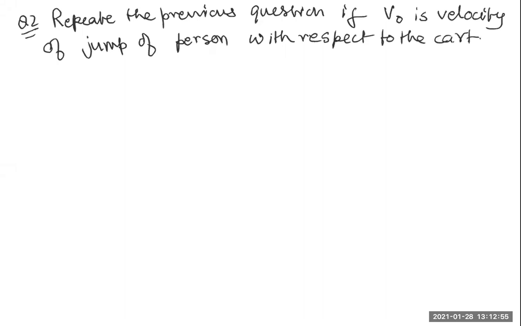Now, generally, when you jump off a train, you are actually jumping with respect to the train. Whatever velocity you have, it will be with respect to the train. So, for example, and this is highly unadvisable, if you want to get off a moving train, the train has not stopped as yet, but you are, for some apparent reason, in a big hurry, so that the hurry is so big that you are willing to take a risk on your life.